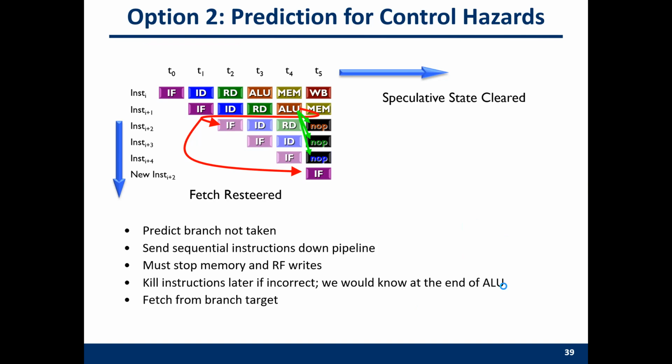So if I'm wrong, I will go back and do the rollback, and the rollback, of course, will introduce a significant overhead. But in most cases, the point is that you can do the correct prediction. So overall, you will have the benefit.